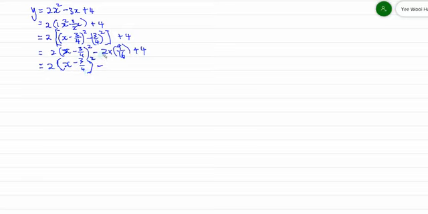Now here I'm going to simplify, got an 8. So it's actually minus 1 over 8 plus 4. Okay, simplify it further to 2 times (x minus 3 over 4) squared, and now this one, if you simplify, becomes plus 3 and 7 over 8.